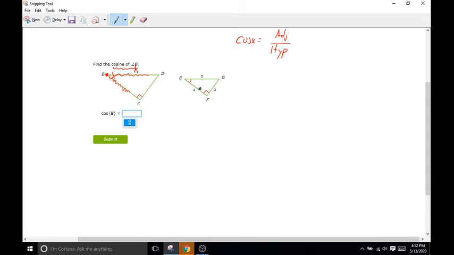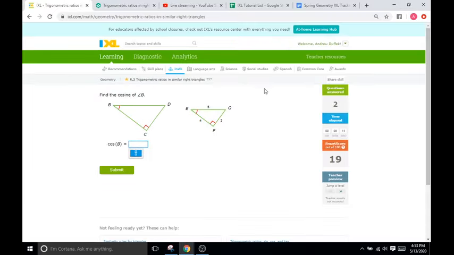We go over to our second triangle and we see that EF is going to be similar to BC, which means we're going to pull that 4 and put it over the hypotenuse. The hypotenuse, again, is always opposite of the right angle, so that's going to be 5. So 4 over 5.